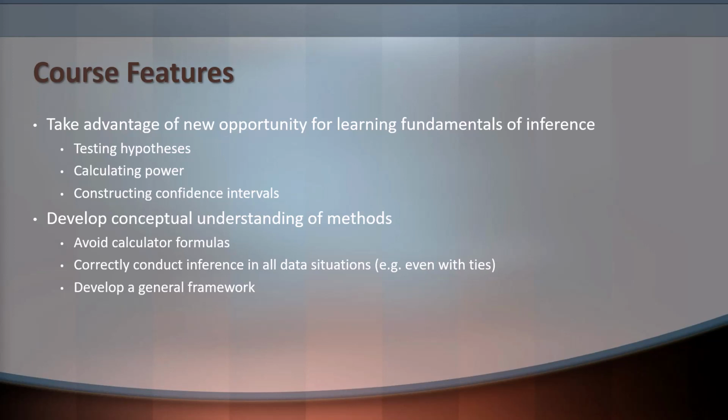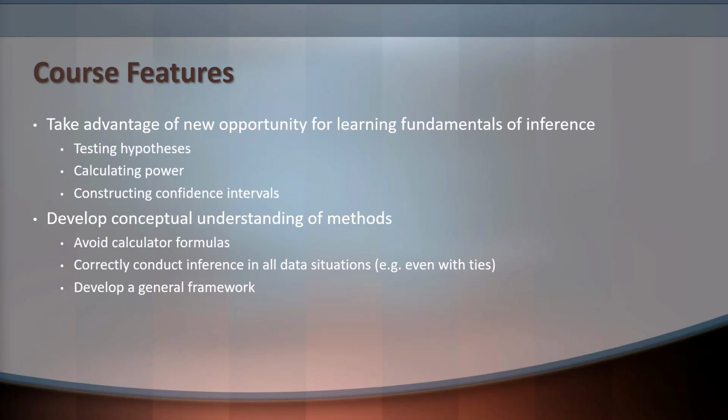We want to know how to conduct inference in all data situations. Some nonparametric methods say you may not have ties in your data. Well, obviously, we will often have 2 or more data points of the same value when we collect our data, so we're going to go beyond this condition and establish methods that are more general, that allow for correct inference regardless of whether you have ties or other kinds of conditions that sometimes go hand in hand with nonparametric methods.